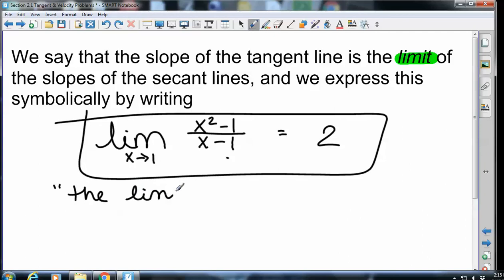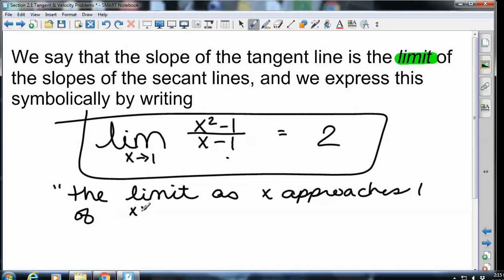Okay, what this says is the limit as x approaches 1 of this expression is 2. Meaning, as your x values get really close to 1, your y value of that expression is getting close to 2. And that was the equation for our slope.